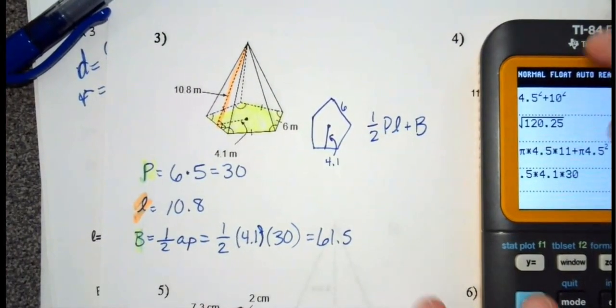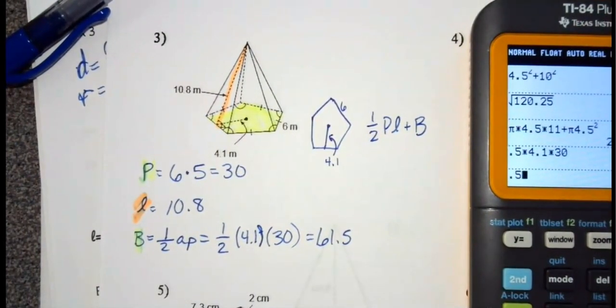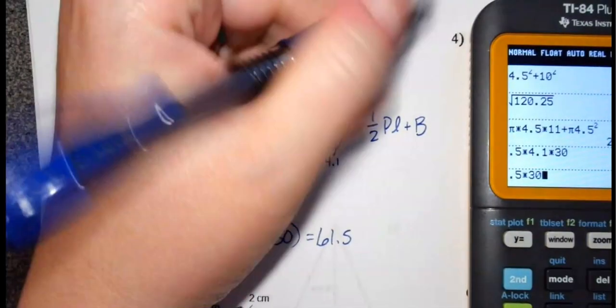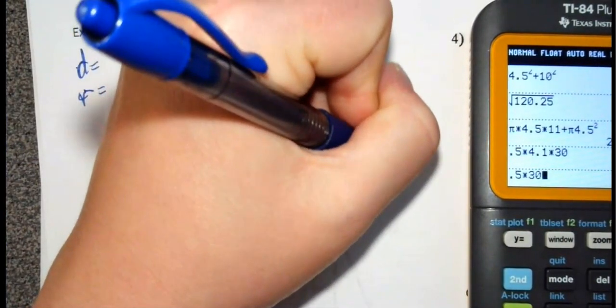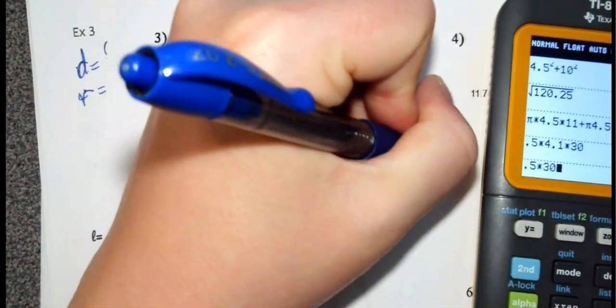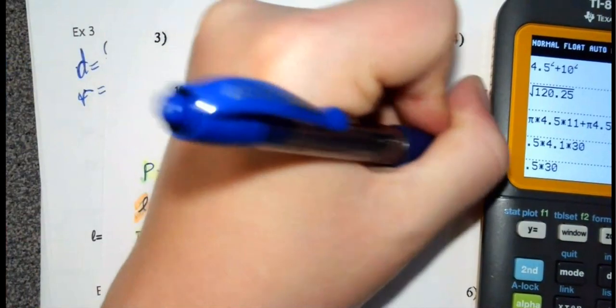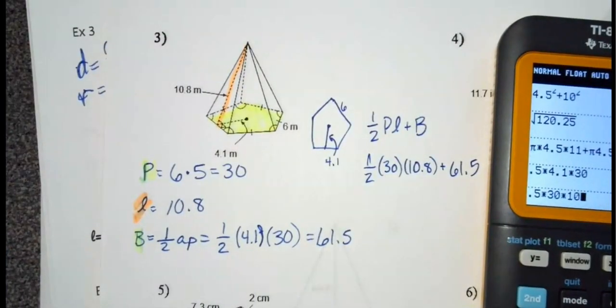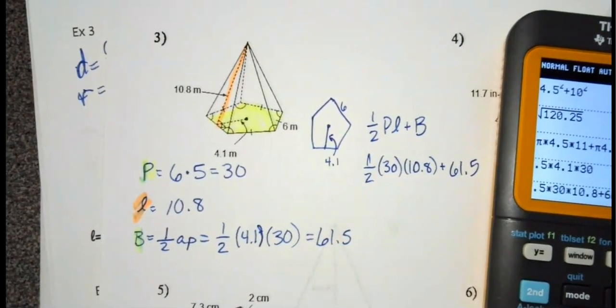So instead of using our fraction, you can just use 0.5 times that 30, which is our capital P, times our 10.8, and then plus 61.5.